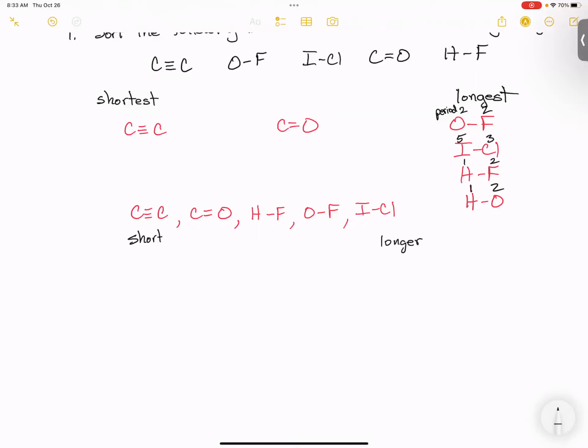So is HO going to be shorter or longer than HF? Longer. So it would have gone into this location, because oxygen is slightly larger than fluorine. And because it is slightly larger, it is slightly longer.